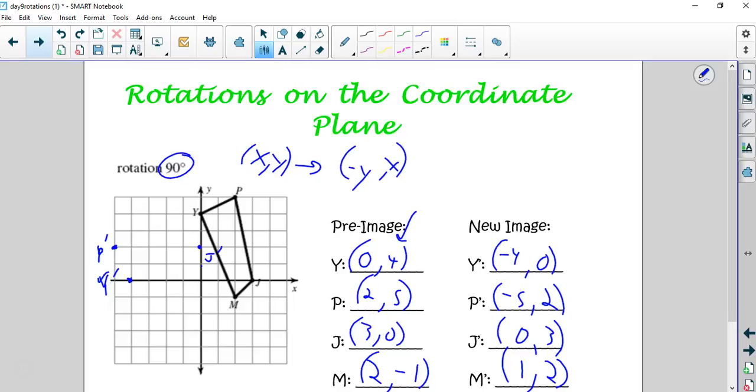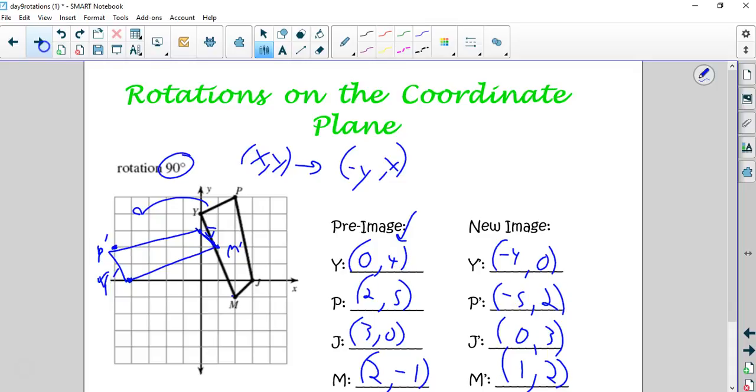And M prime is going to be at 1, 2. Oh, 0, 3 should be at 1 more. Sorry about that. 1, 2, 3. J prime. And 1, 2. M prime. So you can see this just shifted this way.